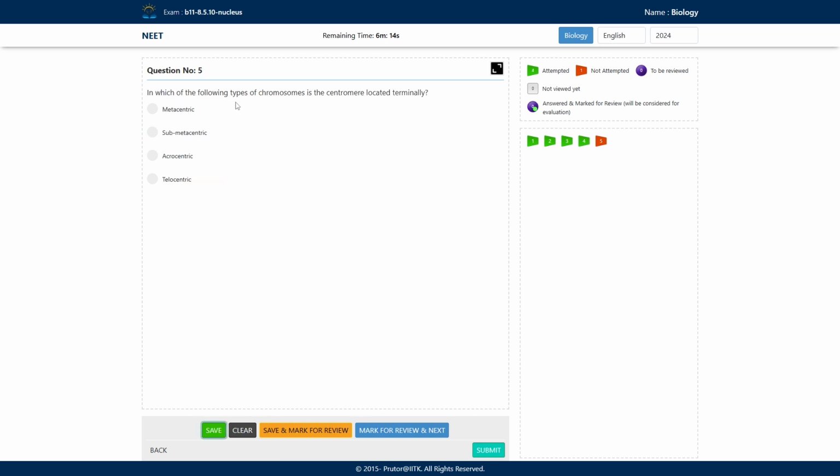Next one, in which of the following types of chromosome is the centromere located terminally? What is that type of chromosome called in which the centromere is terminal? Options are metacentric, submetacentric, acrocentric, and telocentric. What will be the correct answer?